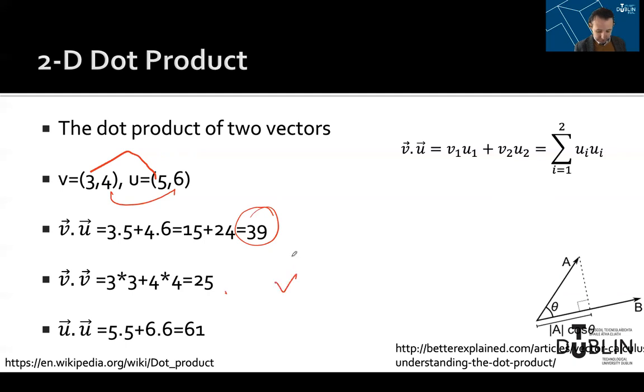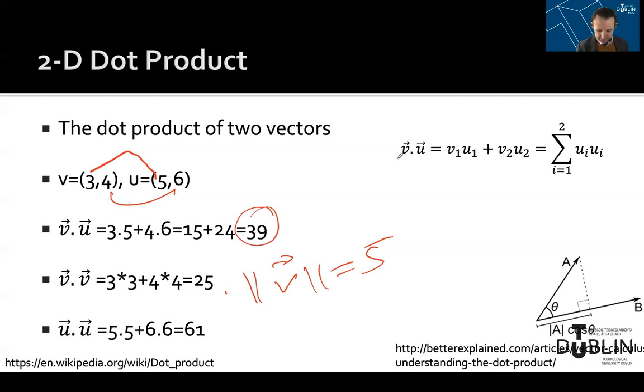The norm of our vector v is equal to 5, or the square root of 25. That's just the square root of the dot product. And u dot u is 5 times 5 plus 6 times 6, which is 61.